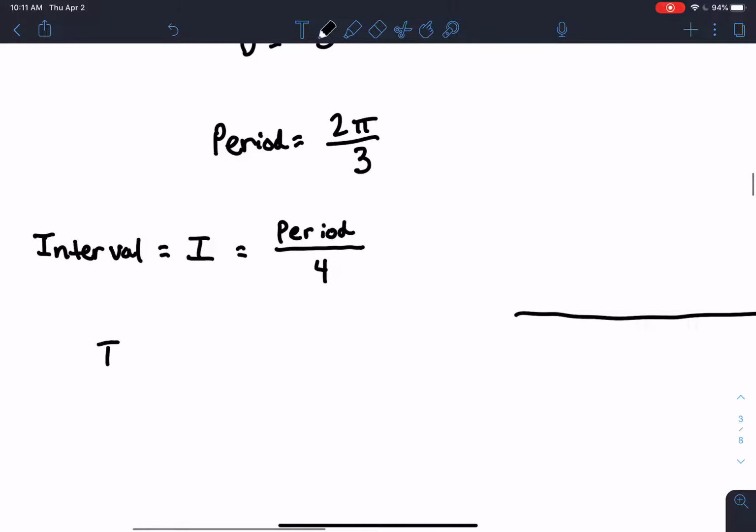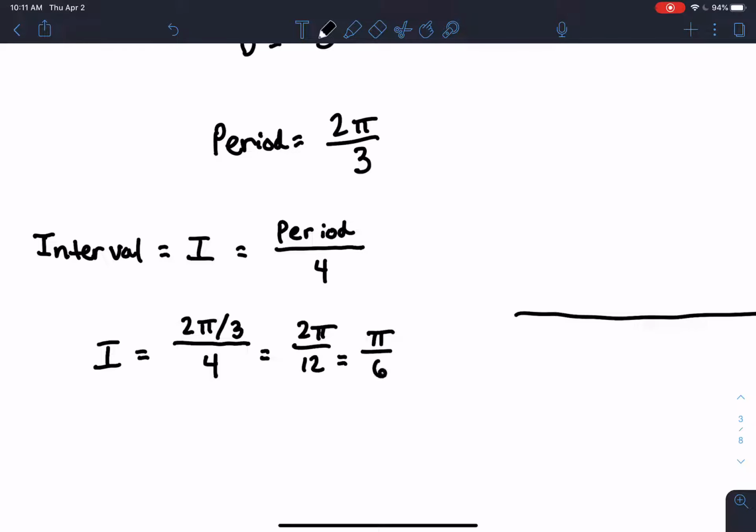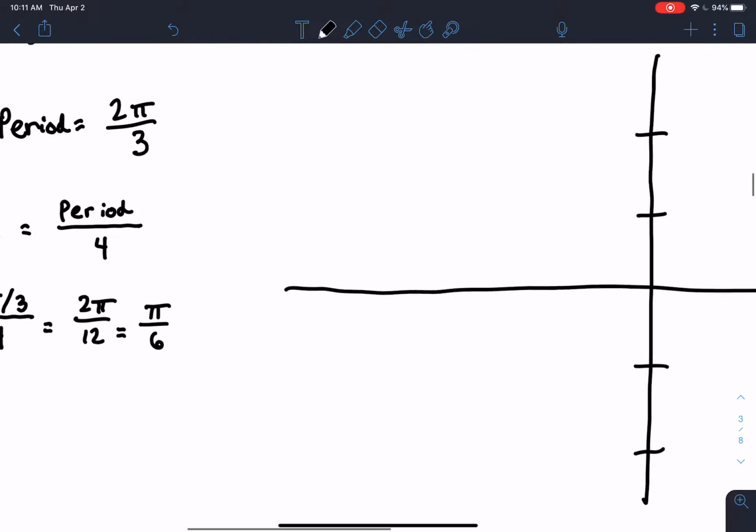So in this example, we're going to do 2 pi over 3 and then divide that by 4. If I simplify that, I get 2 pi over 12, or pi over 6. So I'm going to go up by pi over 6 each time.